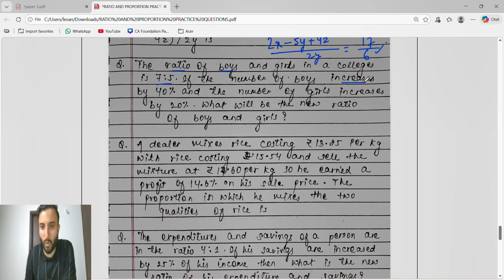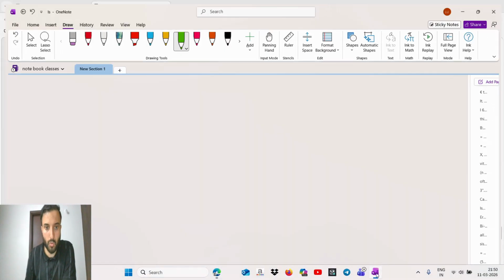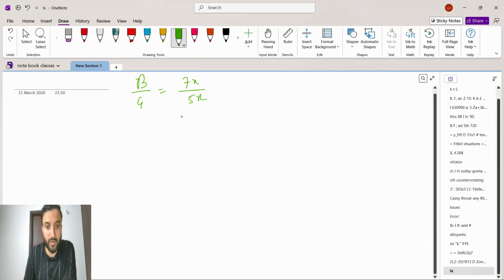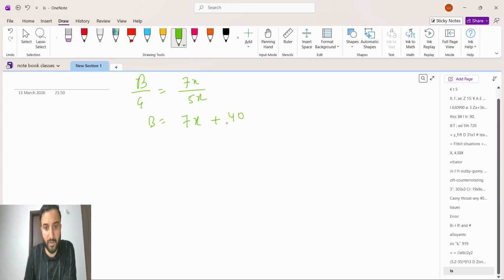If the number of boys increases by 40%, that means 40% of the old value of boys. So it will become 7x plus 40 divided by 100 into 7, which is 2.8x.